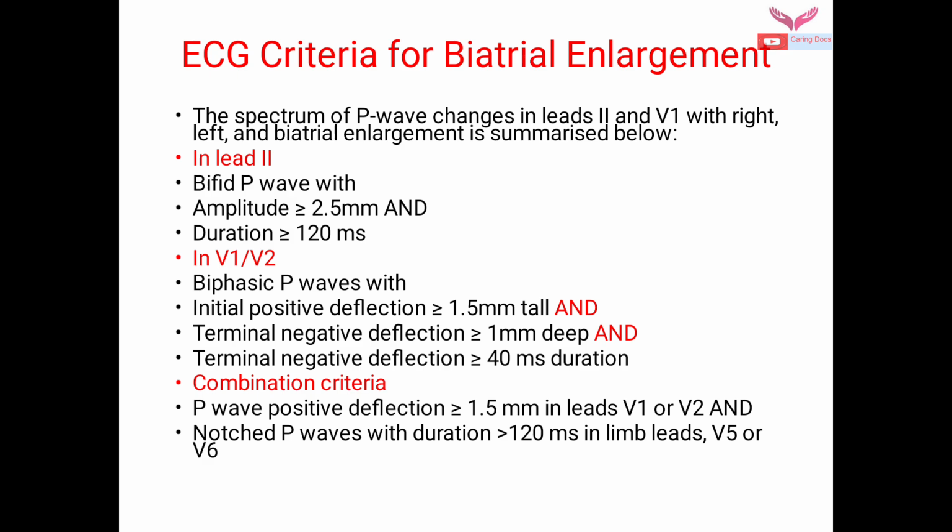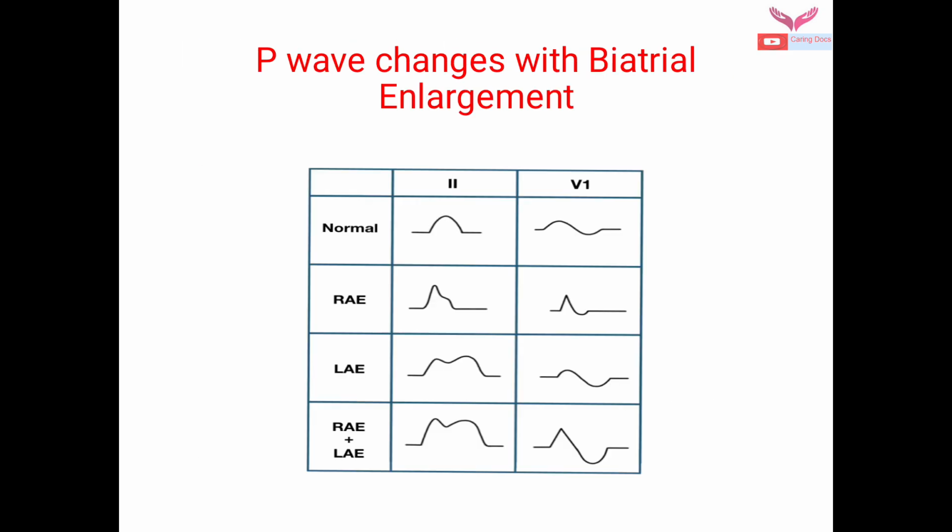Or we can get a combination criteria: P wave positive deflection more than or equal to 1.5 mm in lead V1 or V2, and notched P wave with duration of more than 120 milliseconds in leads V5 or V6. So these are the P wave changes in biatrial enlargement.